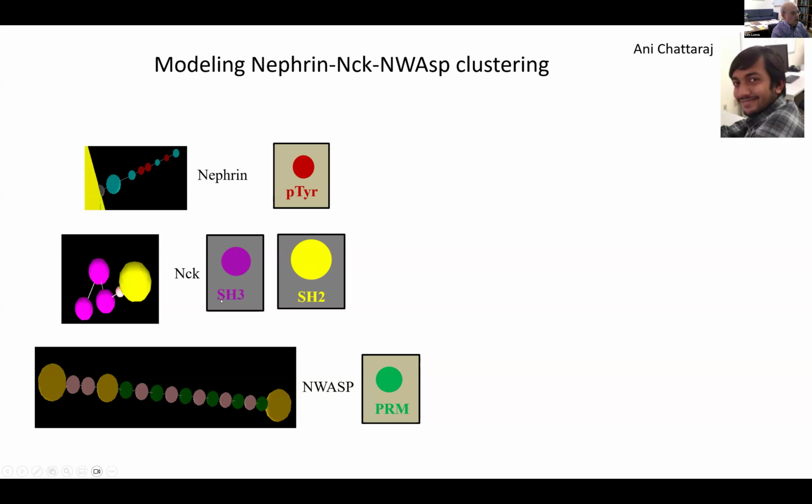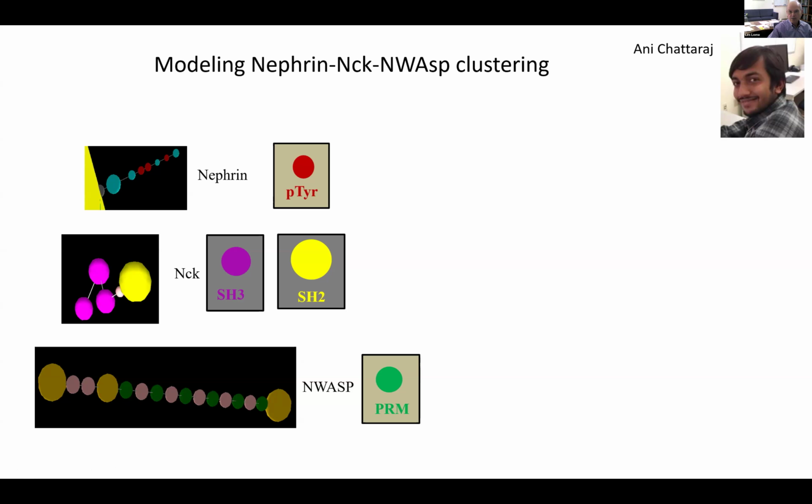And NCK also has three SH3 domains that can bind to PRM domains on a molecule called NWASP. And so these six PRM domains can bind to any of the three SH3 domains, and the SH2 domain can bind to any of the three phosphotyrosines. And so you have a situation, again, of combinatorial complexity.